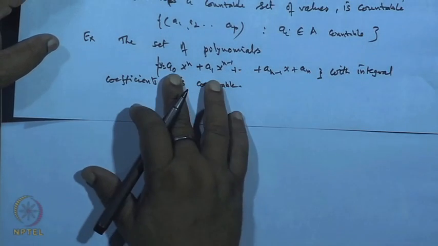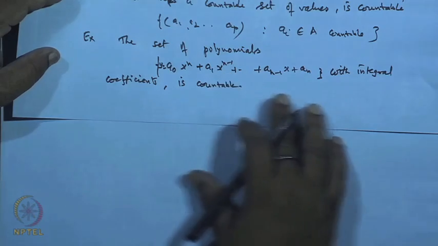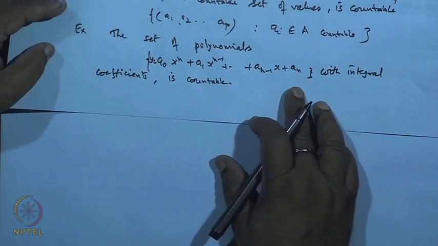Now, you see there is a one-to-one correspondence between the set of polynomials and this set of tuples.